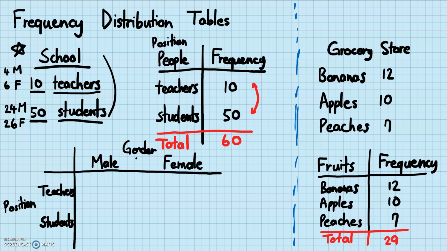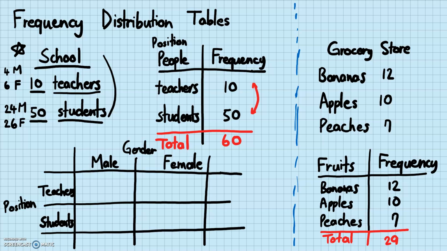Then let's divide our table up like this. In our first section, we're looking at male teachers, and there are 4 male teachers according to our data. In the second slot, we're looking at female teachers. There are 6. Down here, we're looking at male students.